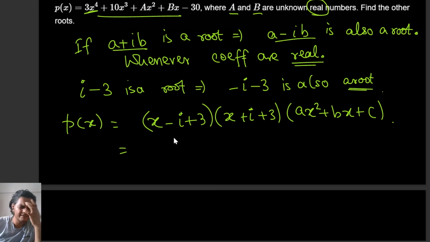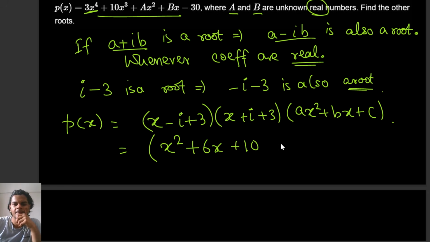So if I multiply this, what am I going to get? So x square and then the sum of the roots, so plus 6x plus the product of the roots, which is 9 minus 9 plus 1, so 10, right? This into ax square plus bx plus c.